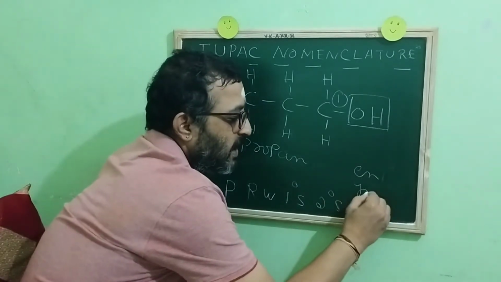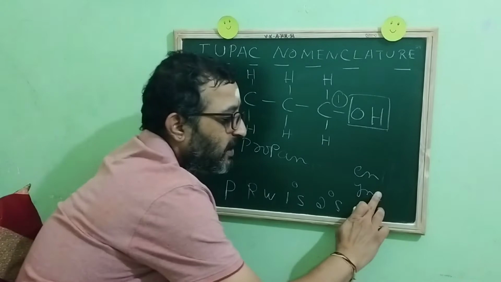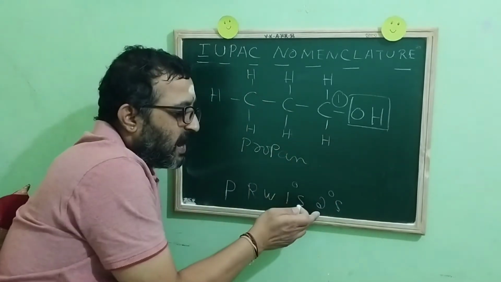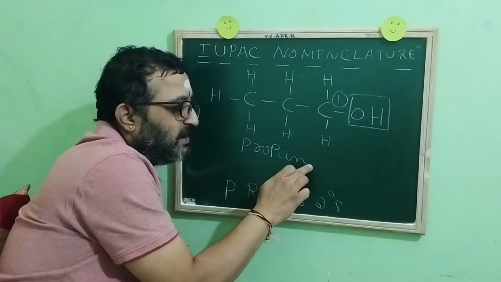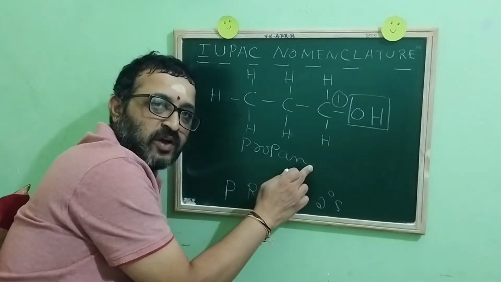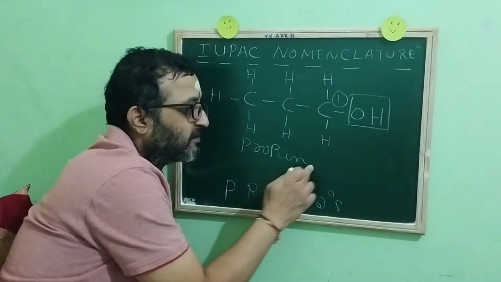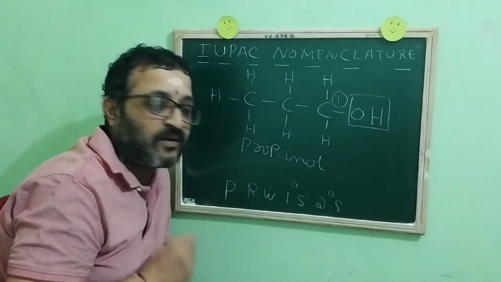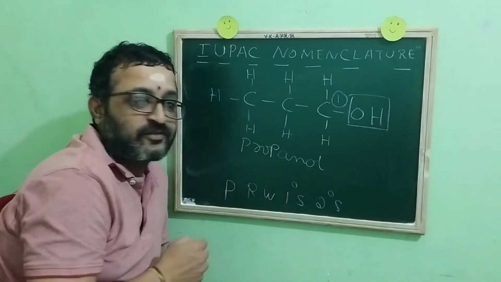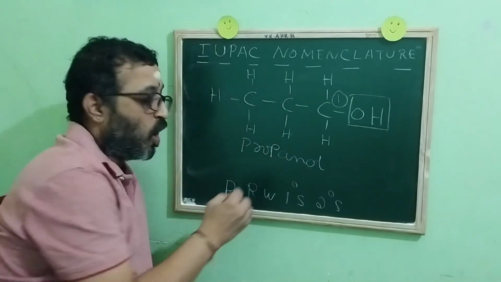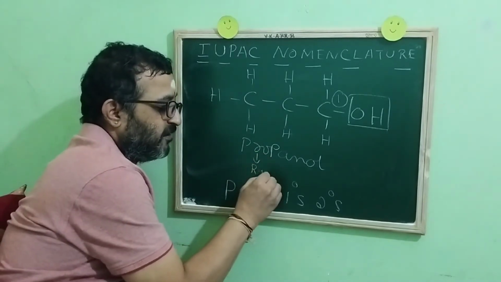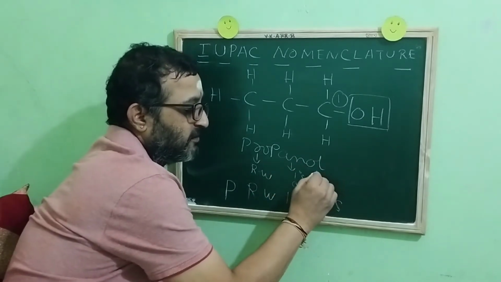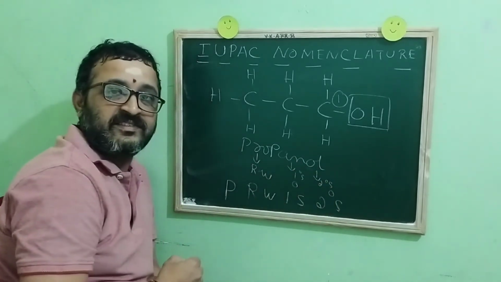E. And even ine also ends with what? E. Right? Now, where we'll add this secondary suffix is, we will delete E, which belongs to the primary suffix. Because it is alcohol, we'll add ol. Right? So, the name of this compound is what? Propanol. So, in this one, prop is root word, an is primary suffix, ol is secondary suffix.